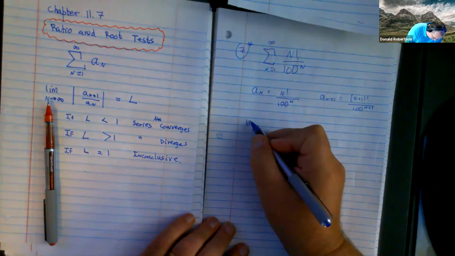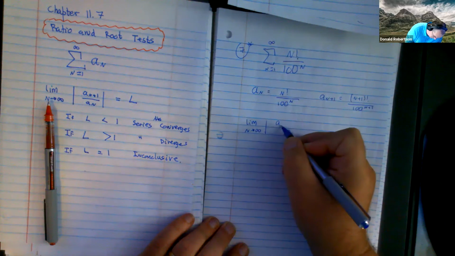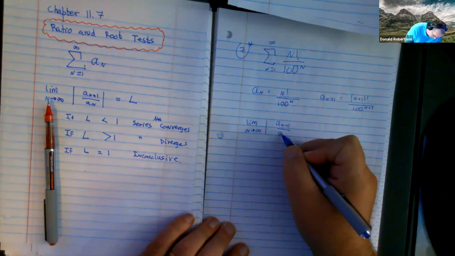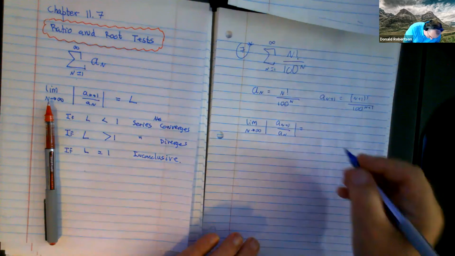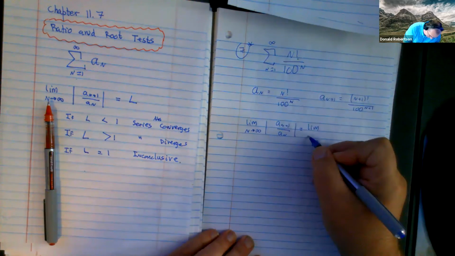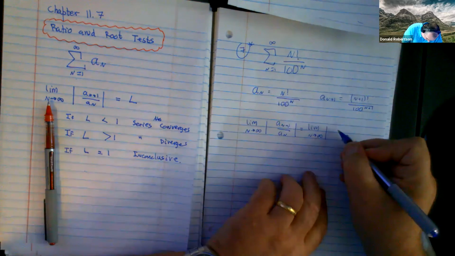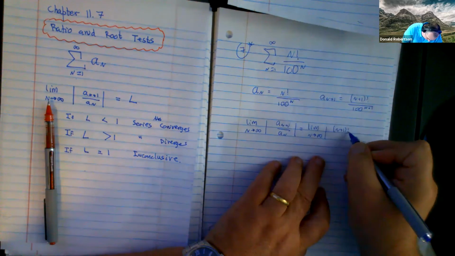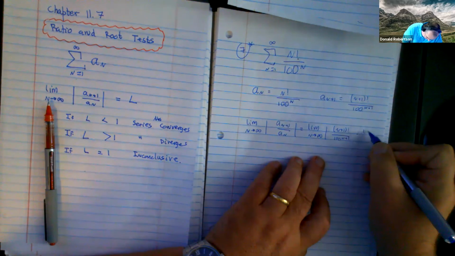So the ratio test is this fella. The a_(n+1) guy, untouched, and turn the other guy upside down.